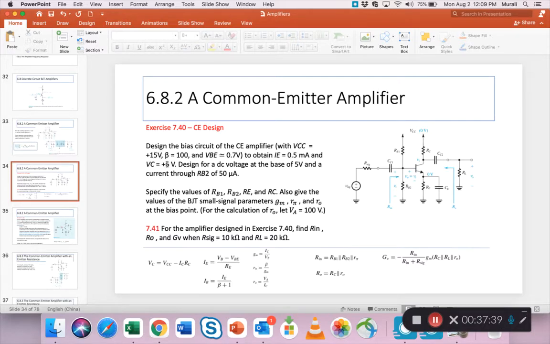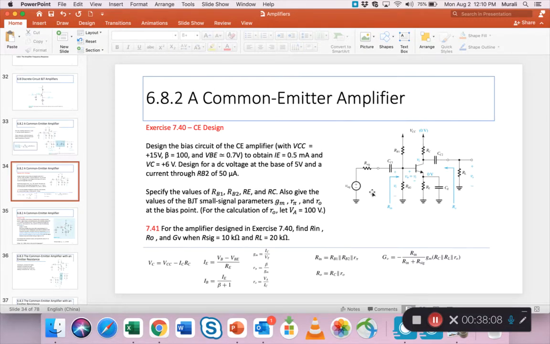If that's 15 and VC is 6, then you can find the collector current and the collector resistance. Design for a DC voltage at the base of 5 volts, and a current through RB2 of 50 microamps. So the current here is also given.